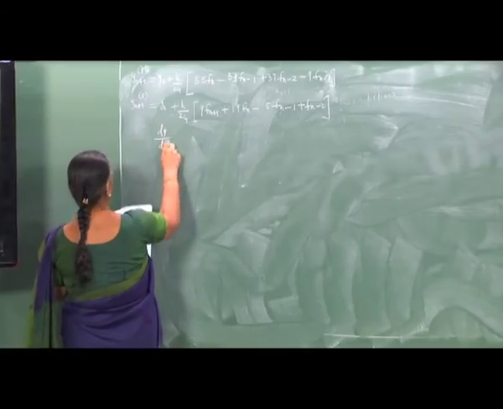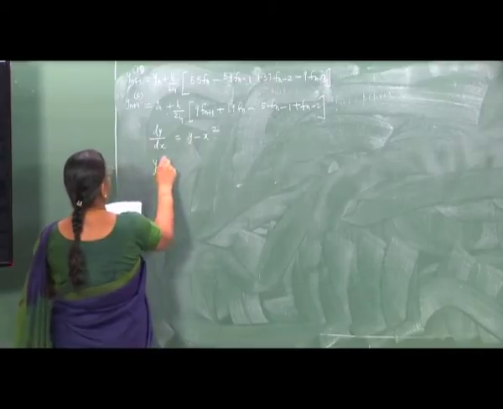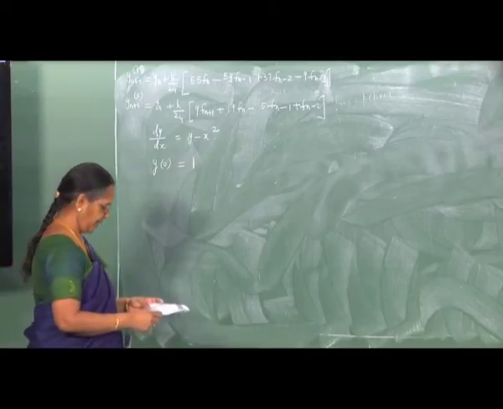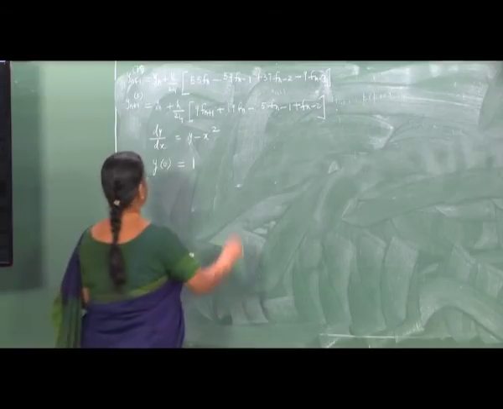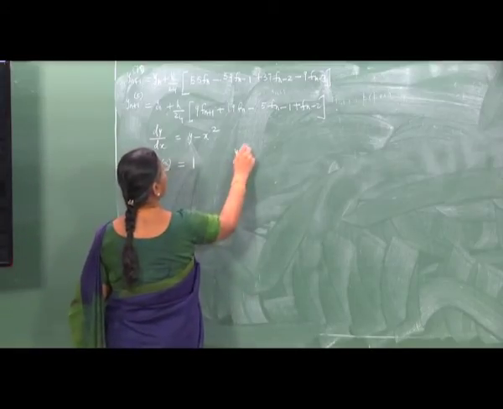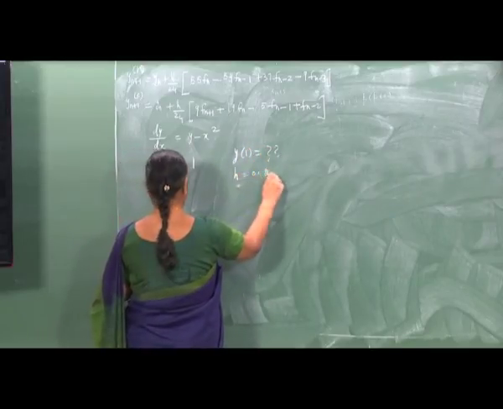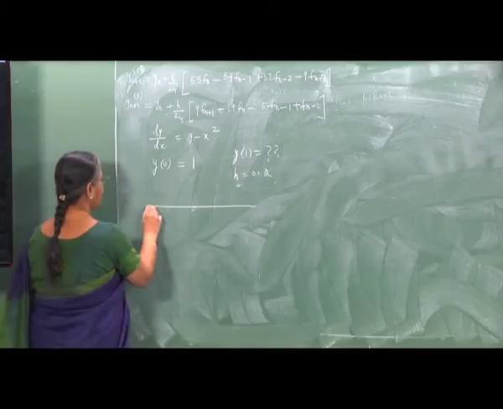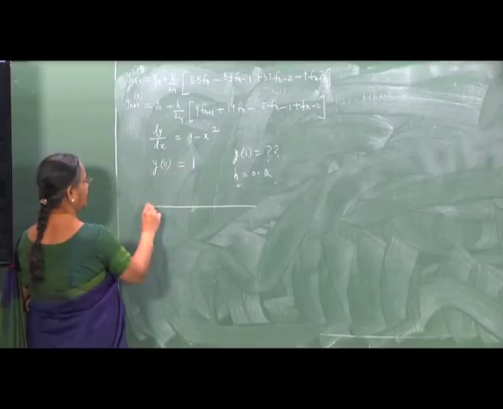So, consider the differential equation dy by dx is equal to y minus x square, and the information given to you is y of 0 equal to 1. The question is, find the solution of this initial value problem at x is equal to 1 by taking step size as 0.2. So, we are given the solution at 0 in the form of an initial condition.